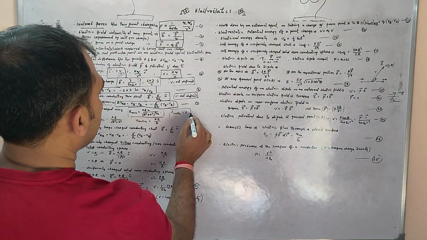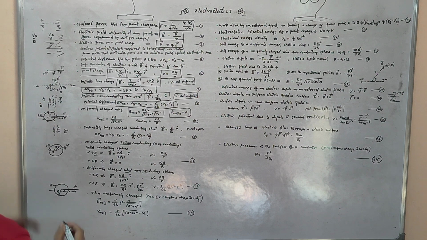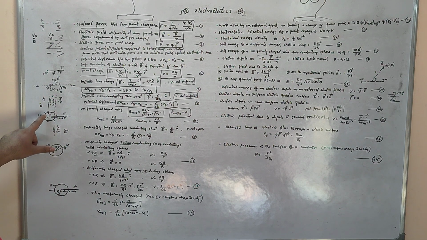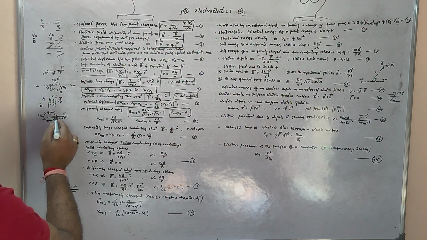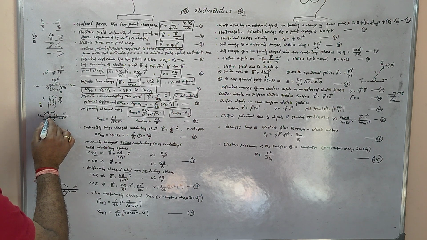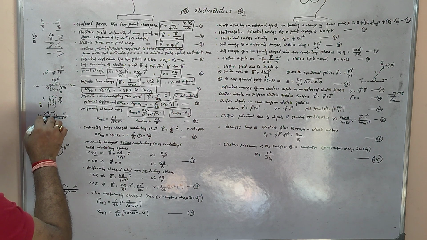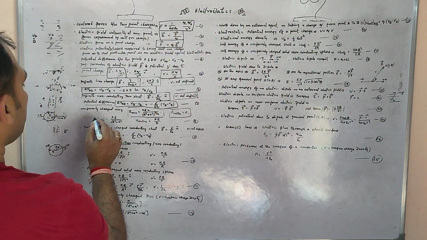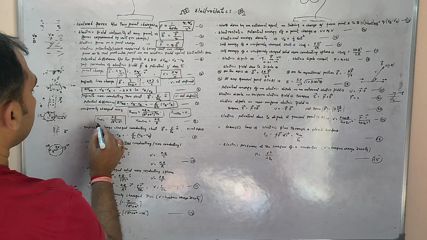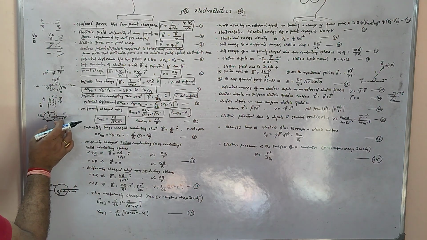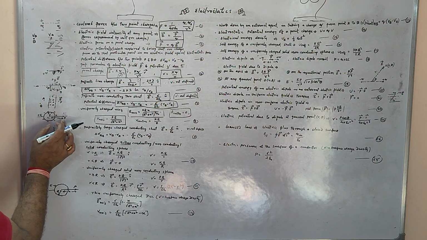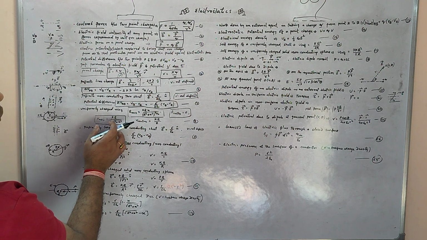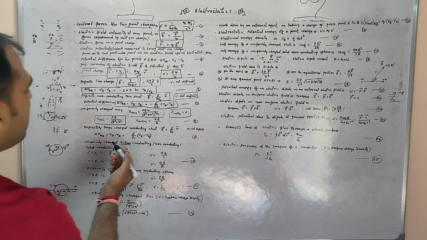What will be the E center? E center will be 0. By symmetry, this will be 0. For a uniformly charged ring at the center, electric field will be 0. Now V axis, potential again at this point P, will be given by this formula kq under root r square plus x square.